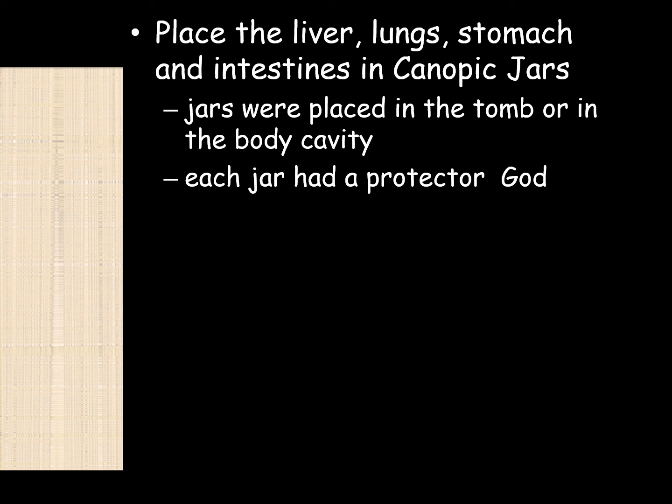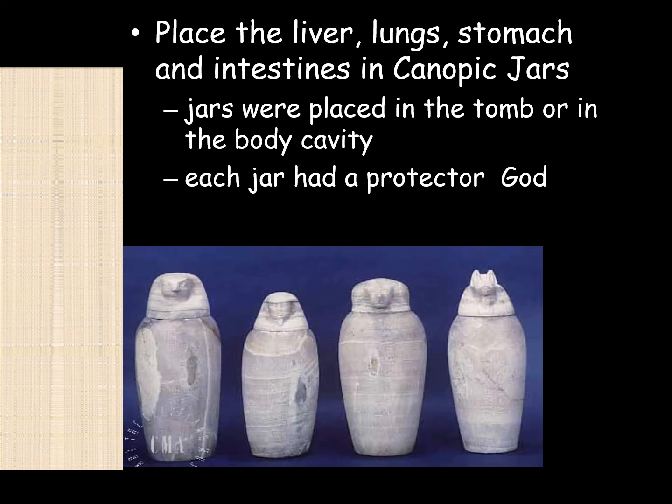So they would go ahead and take the liver, the lungs, the stomach, and the intestines and put them in canopic jars. And the jars were then placed in the tomb with the mummified body, or in the body cavity. And each jar had a protector god.